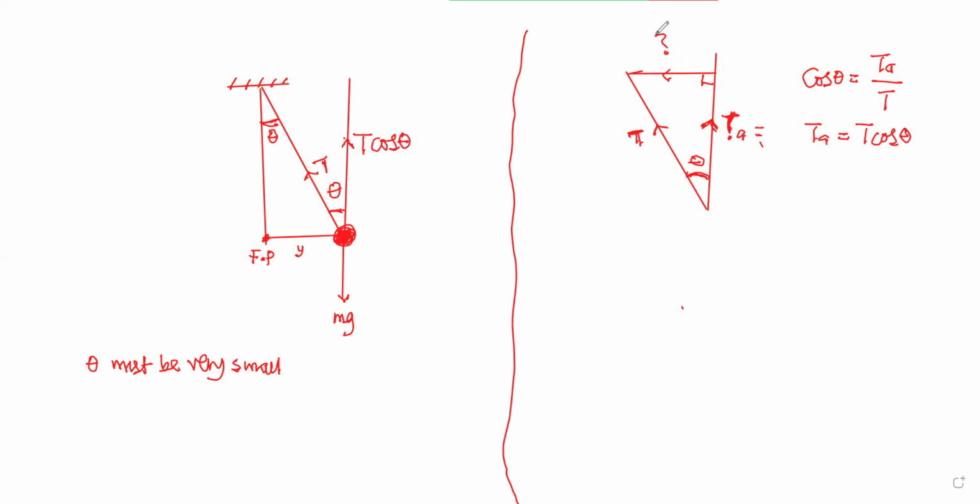Now, what is the vertical component? Let's indicate that to be TV. So TV, T vertical, when we take the sine of this, sine theta is equal to TV over T. And therefore, TV is equal to T sine theta.